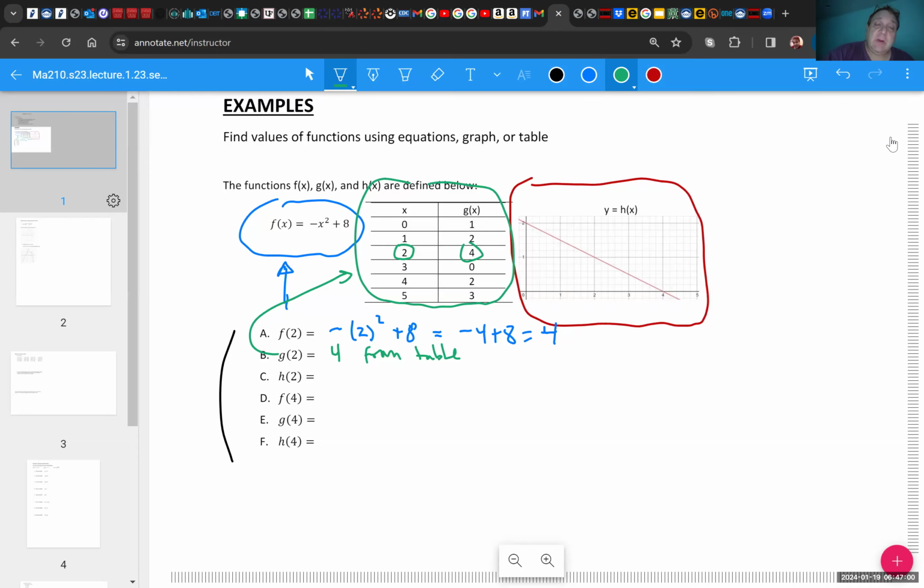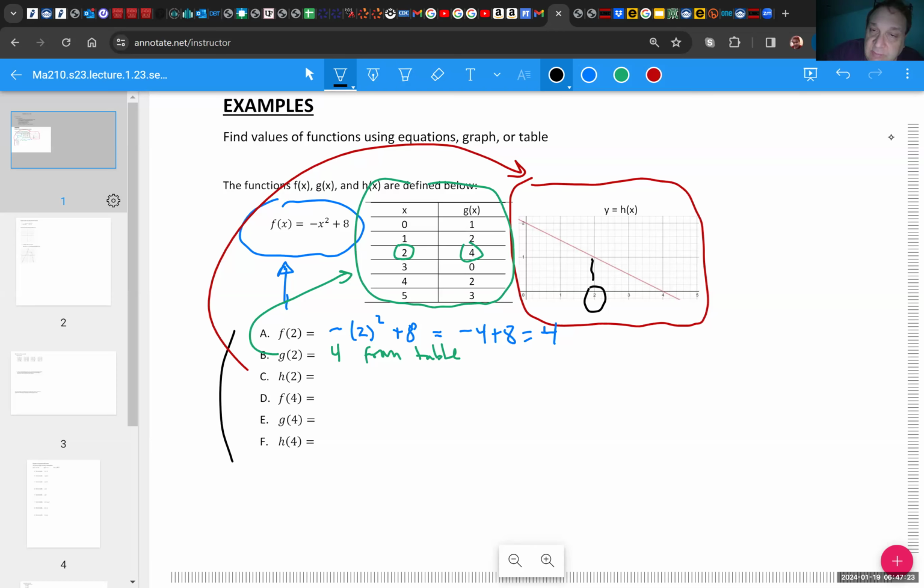h(2), which is letter C, refers to the h function, which is our graph over here. So for the graph, we want to make sure that we can find when x is equal to 2. If we look on the x-axis, I'm not sure what your screen resolution is, but that's where x equals 2. And if I follow up to the graph, the line, not the axes, that's not the graph.